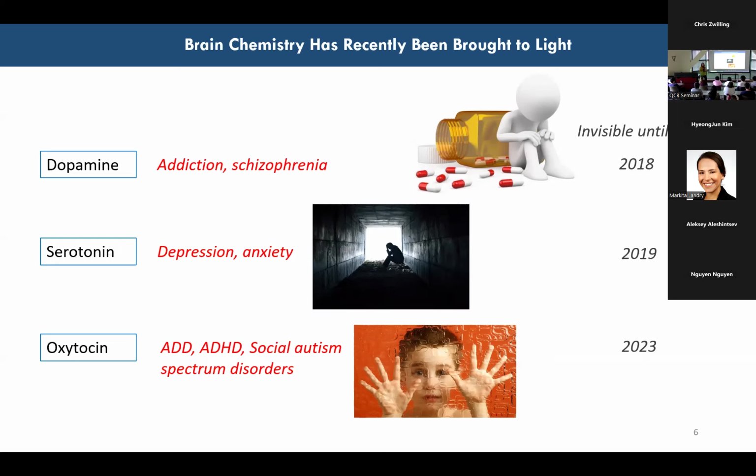And at the spatial and temporal scales of relevance, right? So the fundamental units of information transfer, which is on a synaptic scale, these signals have been largely invisible until very, very recently.